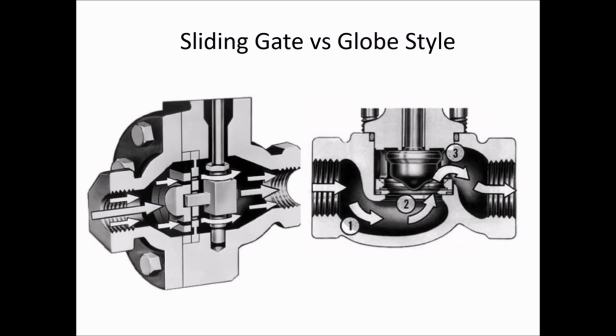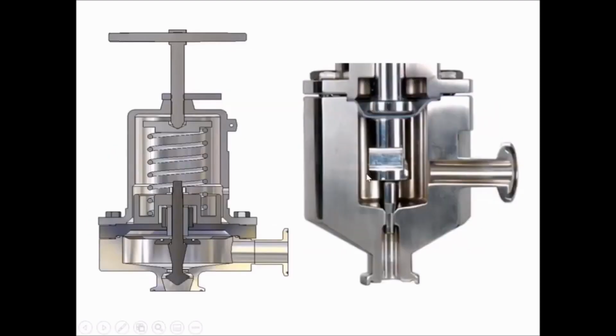It could be steam, water, air, nitrogen, whatever the process fluid is. So the larger the orifice, the more flow that can get through, obviously, which equates to a larger CV. The sliding gate is tougher to see with the black and white, but as those slots get properly aligned, it allows the media to go through, just like the globe style. It's a little easier to see in the globe style.